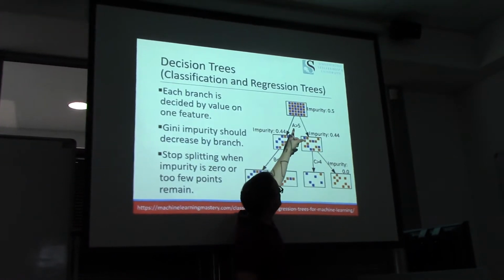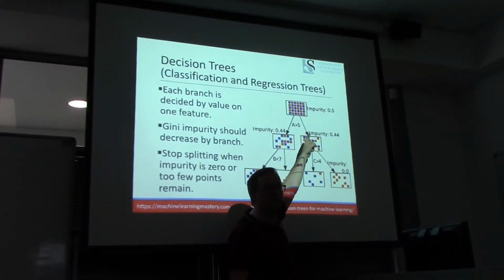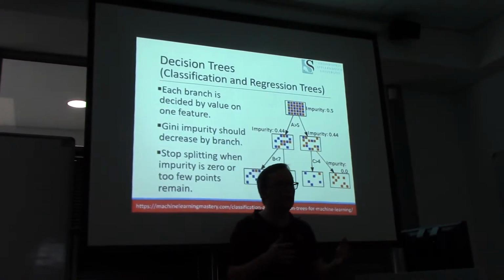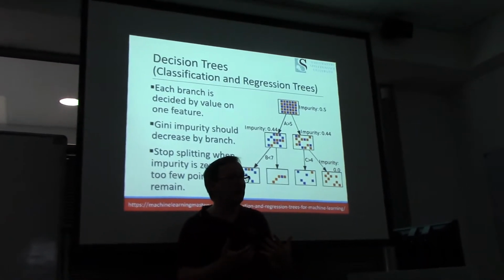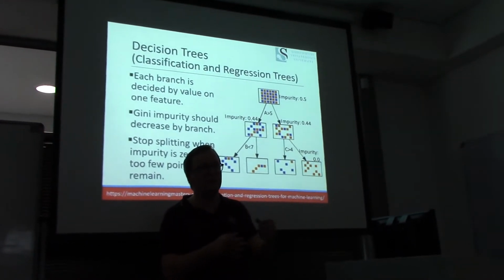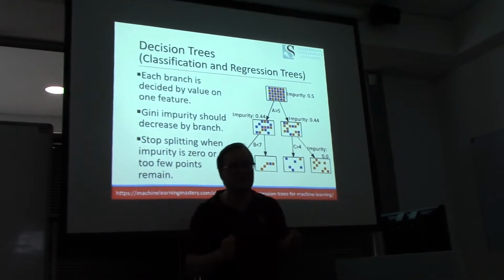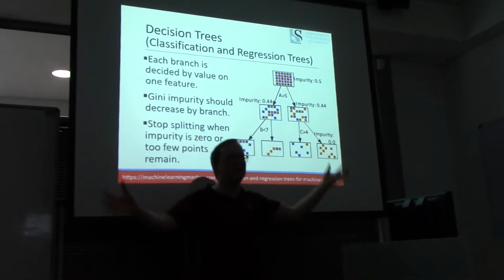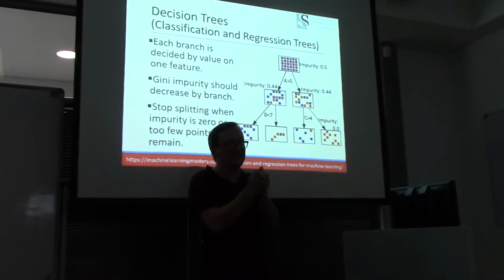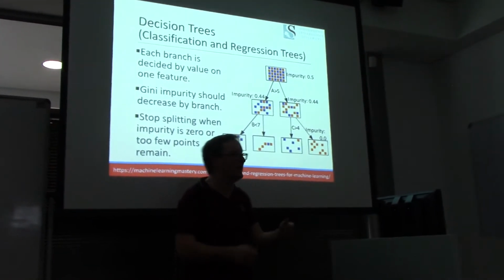When we see 15 blues and 15 oranges all mixed up together, we are maximizing the impurity that we can get for two classes of 15 instances each. We've mixed together two populations equally. This is as high as impurity can get with two classes.